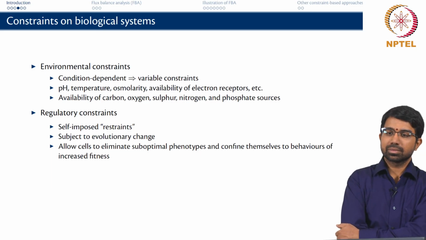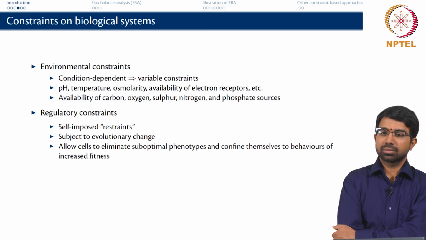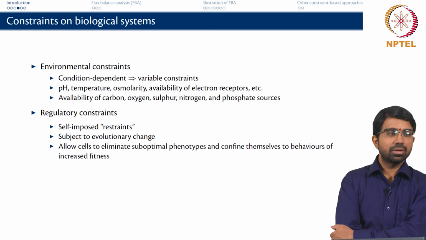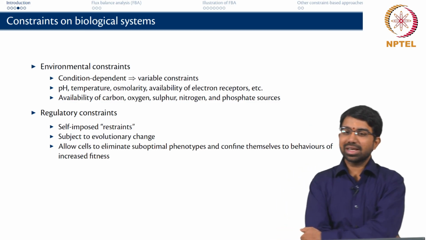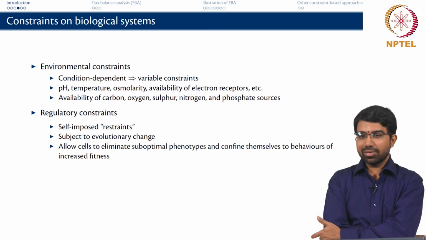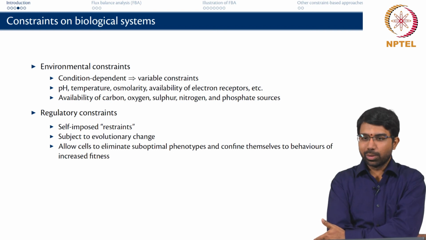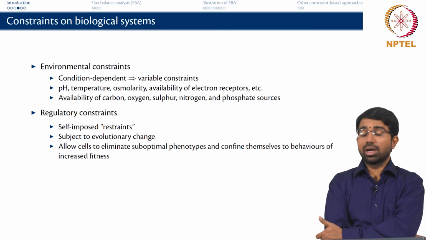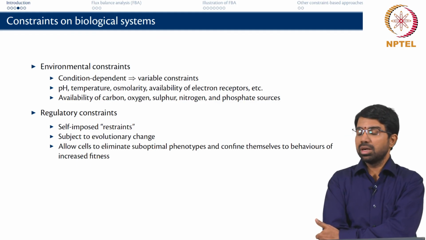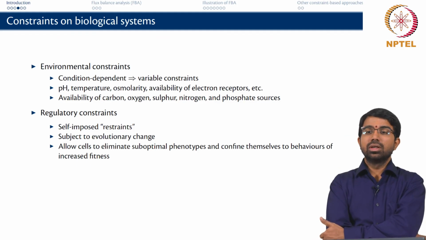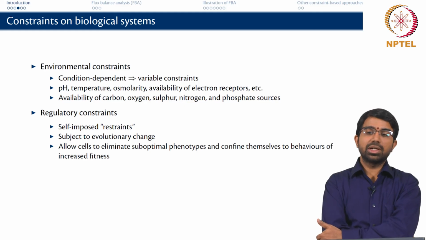Catabolite repression, right? That would be a classic example. If lactose and glucose are available to the cell, it should be growing at a higher rate using both glucose and lactose, but the cell will choose to use only glucose because there is a catabolite repression on the utilization of lactose.